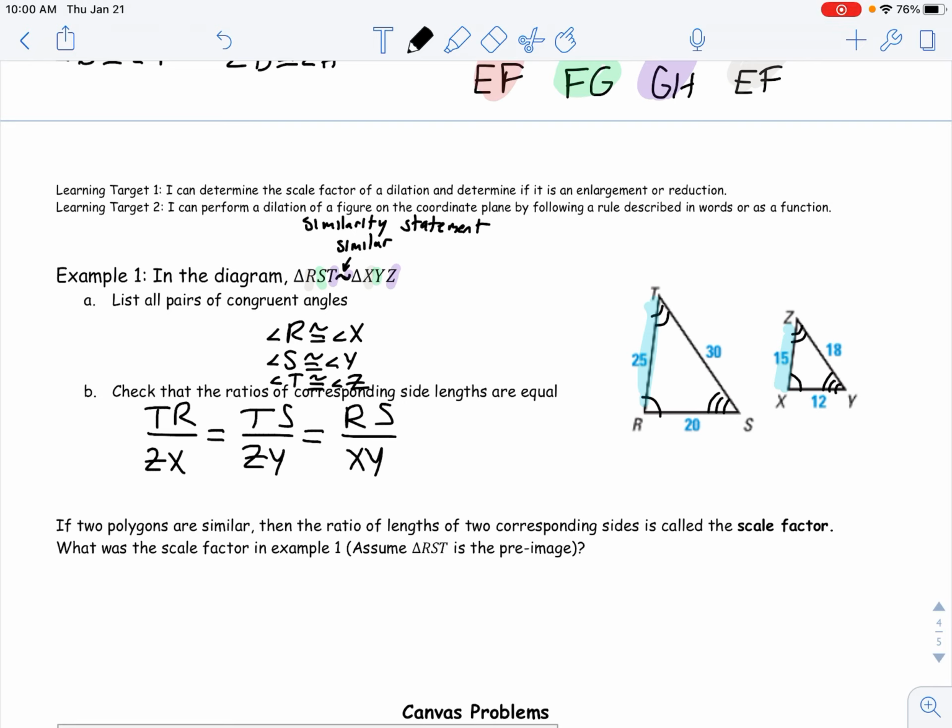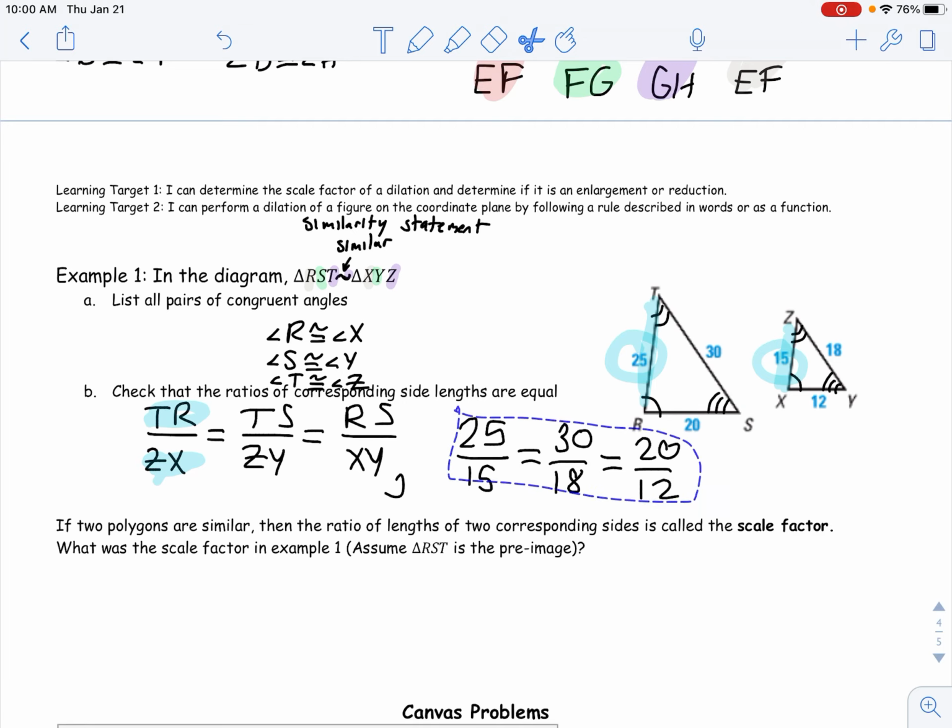All these side lengths need to be proportional. Well, what does that mean? Let's actually start to look at the numbers. Like TR is 25, ZX is 15. So I'm going to rewrite it and plug in: 25 divided by 15, TS is 30 over 18, and then RS and XY, 20 over 12.